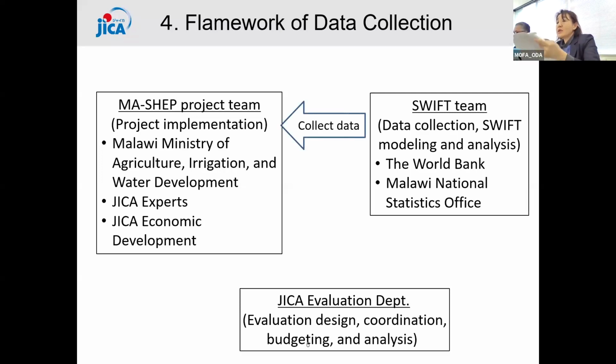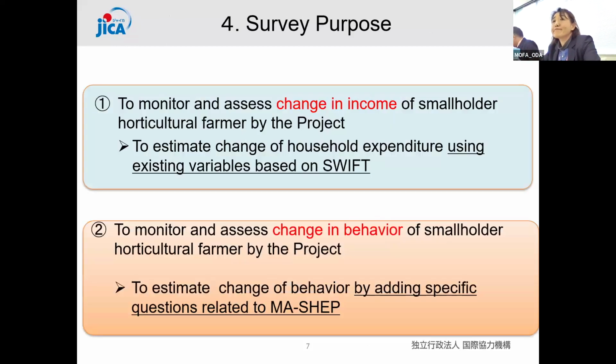Then I would like to explain the survey purpose. There are two objectives. Next slide, please. So the first objective is to monitor and assess change in income of smallholder horticulture farmers by the project. It means to estimate change of the household expenditure using the variables based on SWIFT.